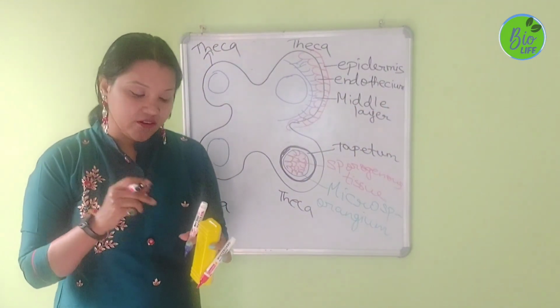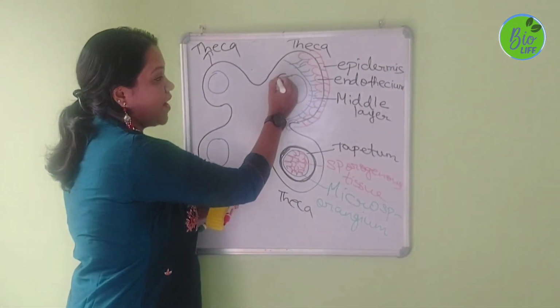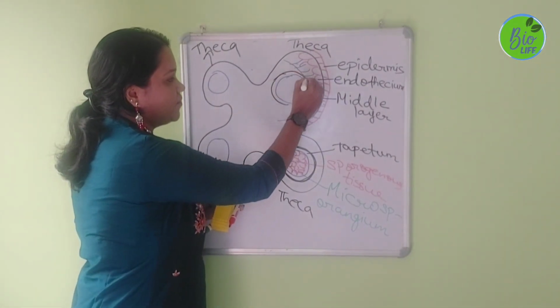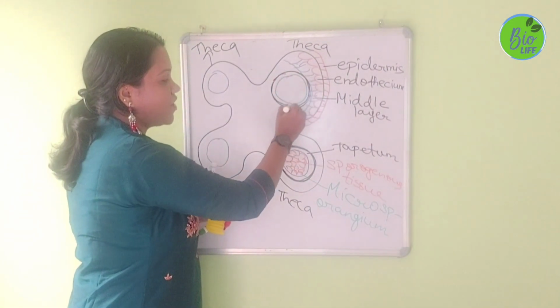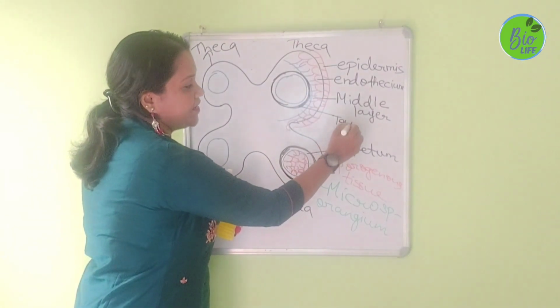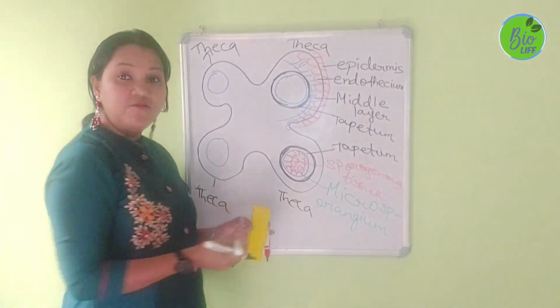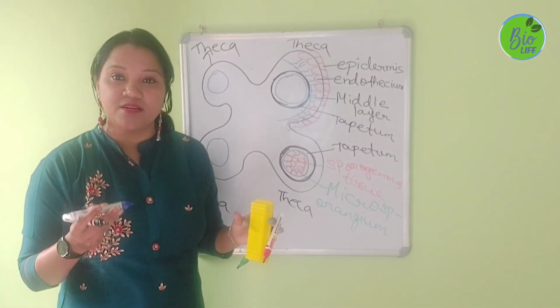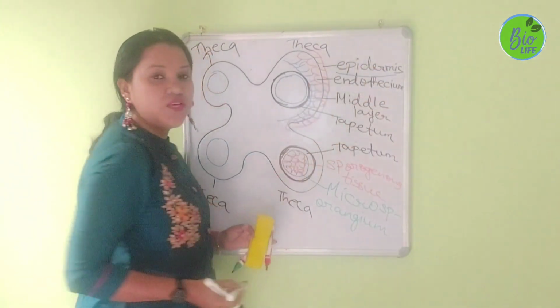And as I have already told, the immediate layer of the microsporangium is called tapetum. So total 4 layers are present in a microsporangium. The outer layer is called epidermis.